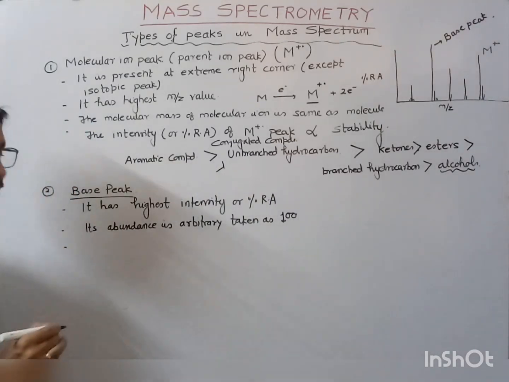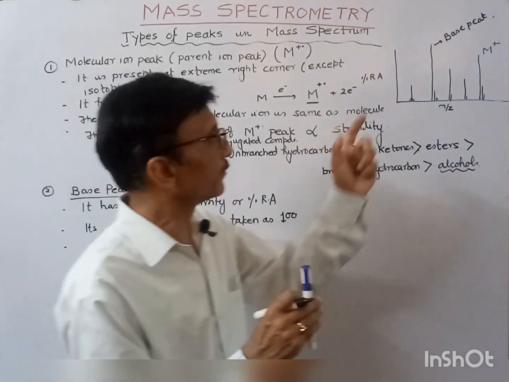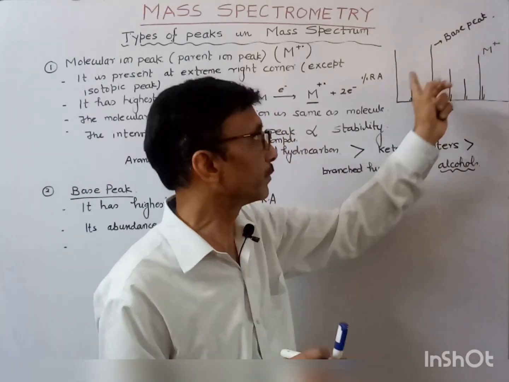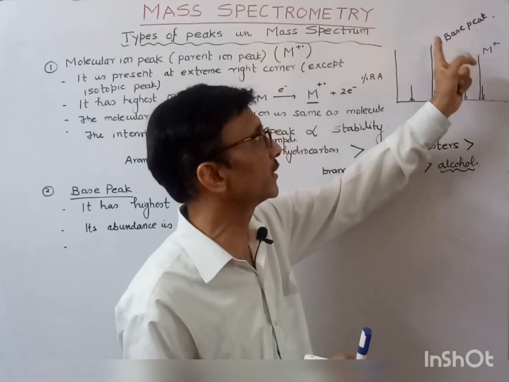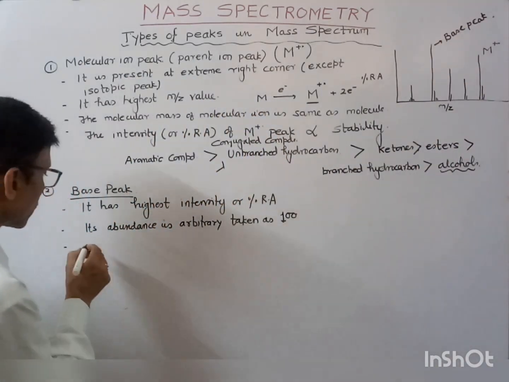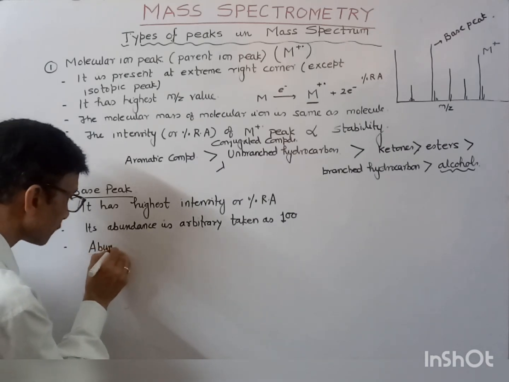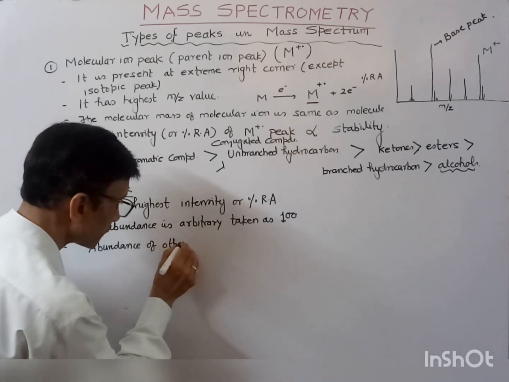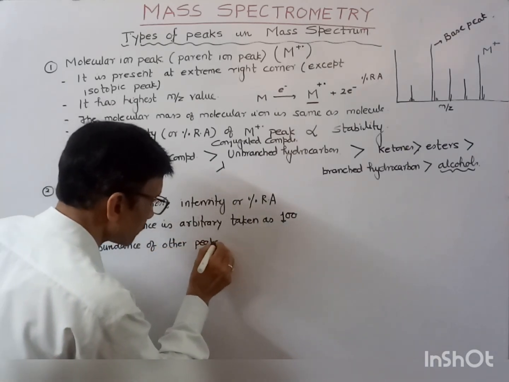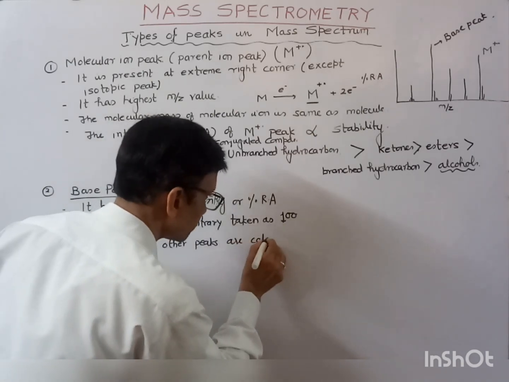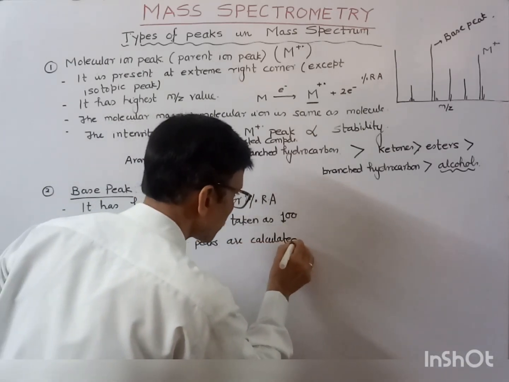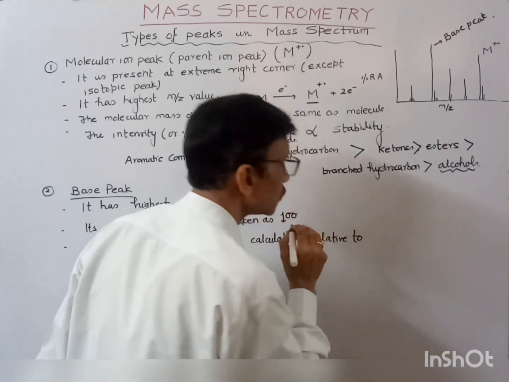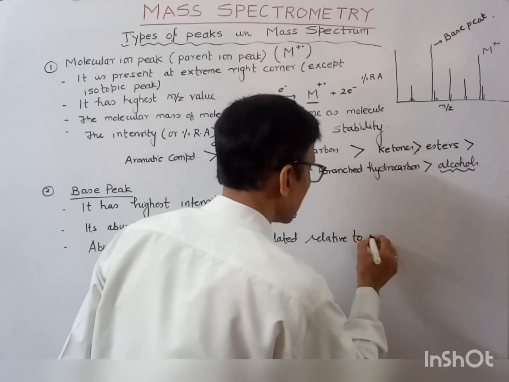And third, the abundance of all other peaks is calculated relative to this base peak.